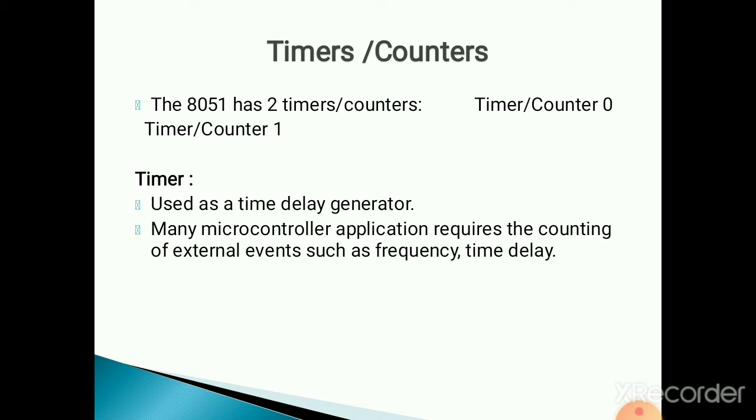Besides, they can be used for generating clock pulses for serial communication, that is baud rate. They can be used either as timers to generate a time delay or as counters to count events happening outside the microcontroller. Both timers are 16-bit wide.